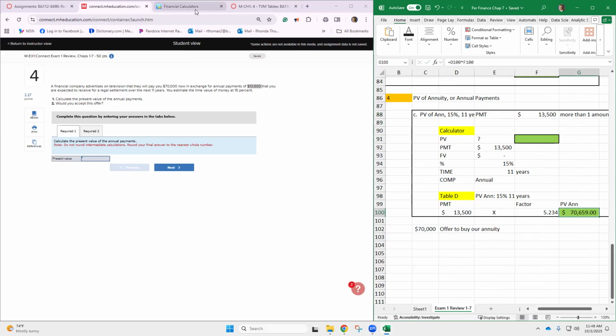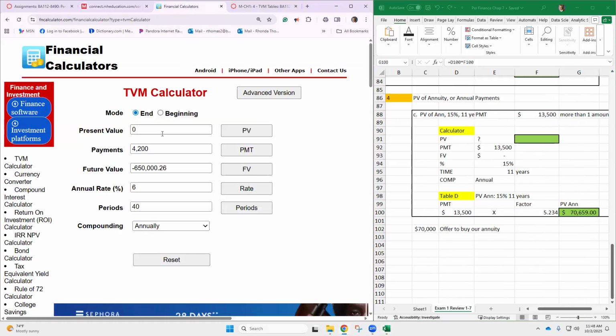I'm going to plug that into the calculator and see if things seem right. You have to check for reasonableness too while you're doing this. Okay, you're going to put the 0 in the future value. We're going to have 15% in 11 years, and we want the present value: 70,655.11.